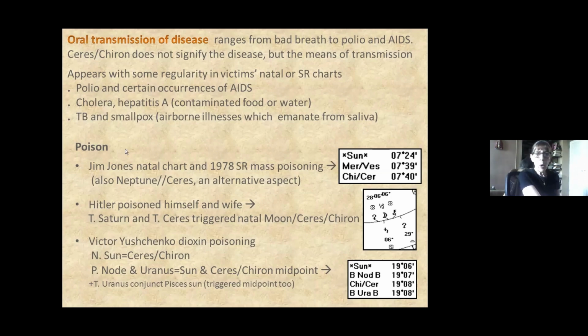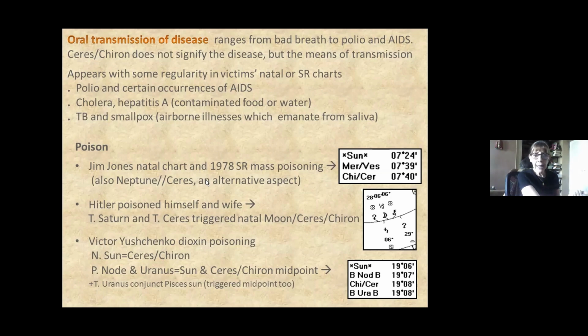So poison is one of the ways Ceres Chiron works because it's an ingestible and it's harmful. Jim Jones had the natal chart, Jones and Jonestown, and people drank the Kool-Aid. So he had it in his natal chart, which is here, Sun equals Ceres Chiron.